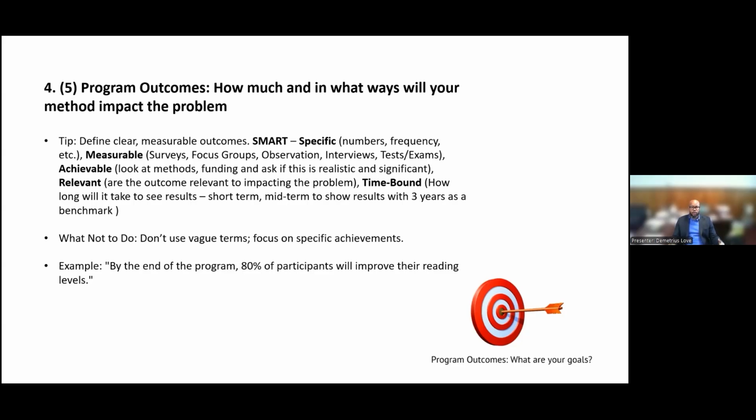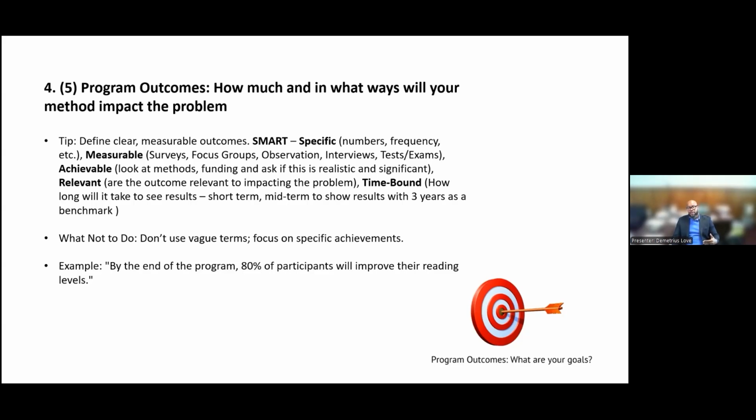You have to be able to measure, right? Choose your method to measure. You can use surveys, focus groups, observation, interviews, or you can do what you call a mixed mode of measuring. Be very careful when you say it's achievable, that you're going to achieve 90% reading above reading level in the classroom.